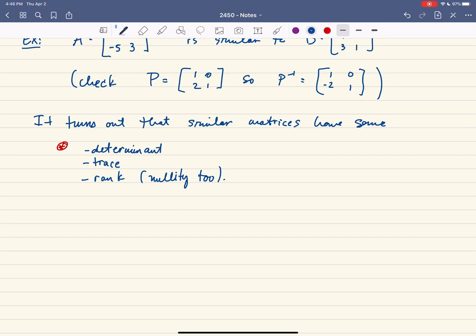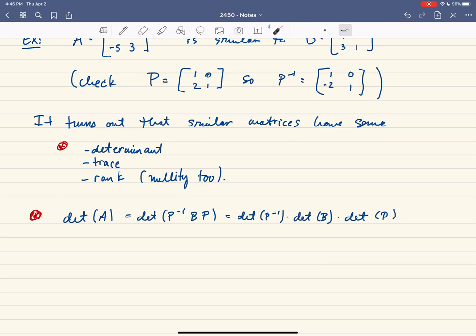This really just goes back to something that we know already about the determinant, and that's that the determinant of a product is the product of the determinants. So the determinant of A is the determinant of P inverse BP, and we know that that's the determinant of P inverse times the determinant of B times the determinant of P. So that's a property that we've talked about before.